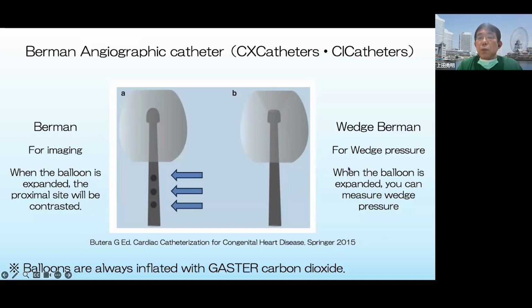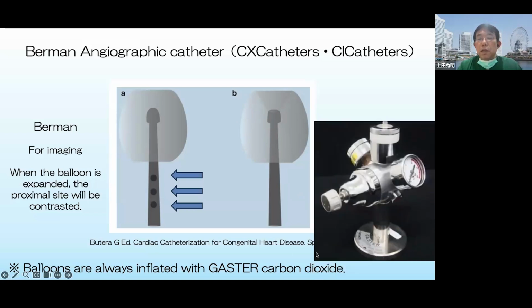But still, the balloon should be expanded. This is the picture of the gas. On the top we put the syringe here, and the carbon dioxide will enter the syringe, and then using those syringes, we push to dilate the balloon with the carbon dioxide.